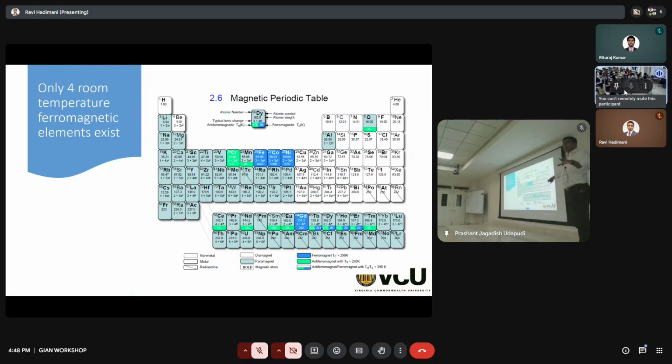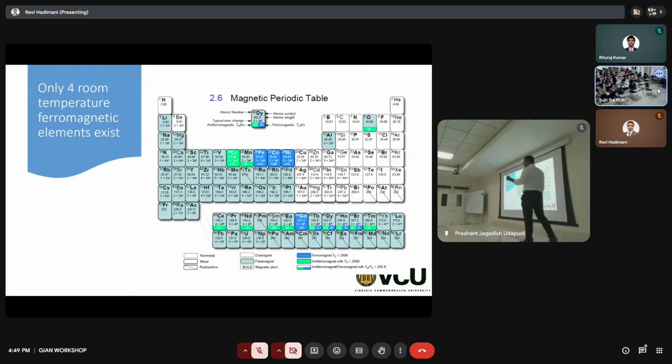Most of them are useless because they only live for a fraction of a second, a microsecond. All those above 92 are man-made materials that are stable only for a microsecond, so you don't know whether they're in liquid phase, solid phase, or what. So coming back to the question, how many elements are ferromagnetic?